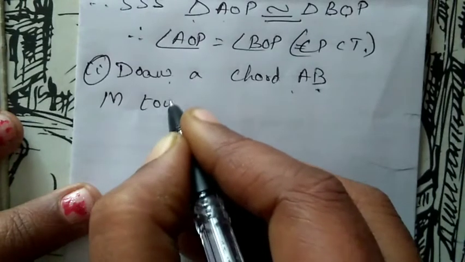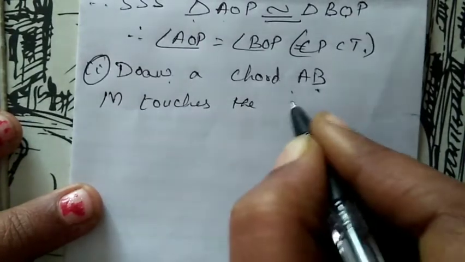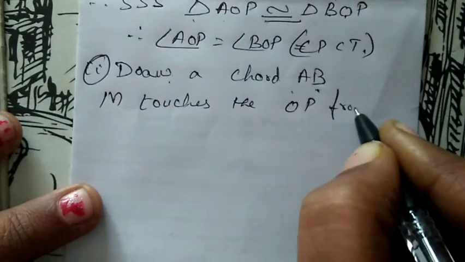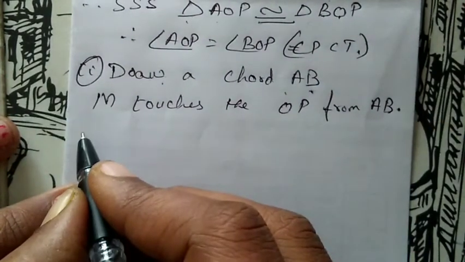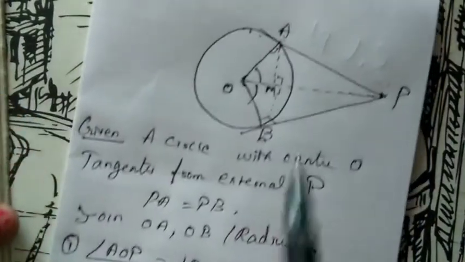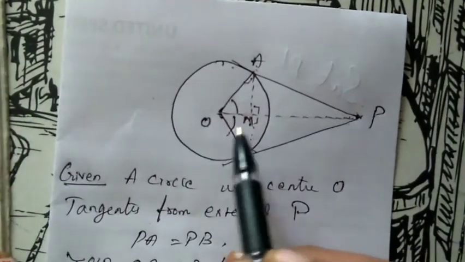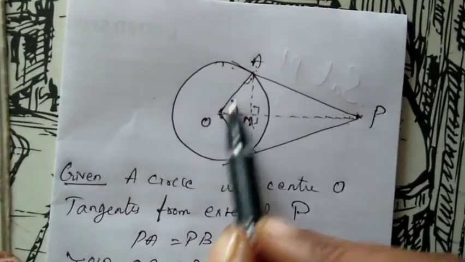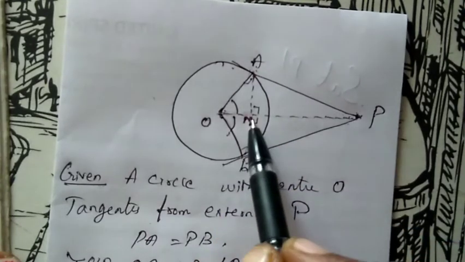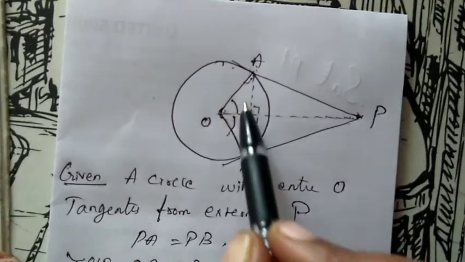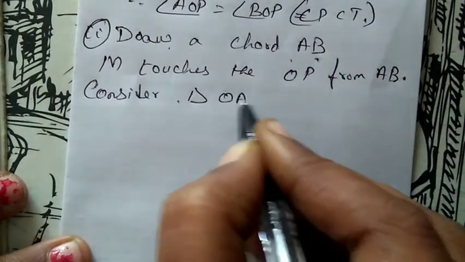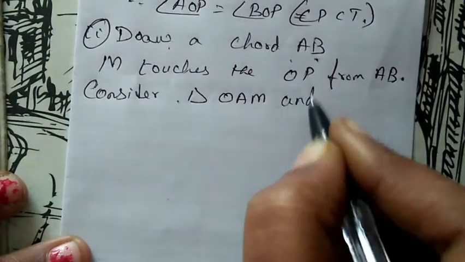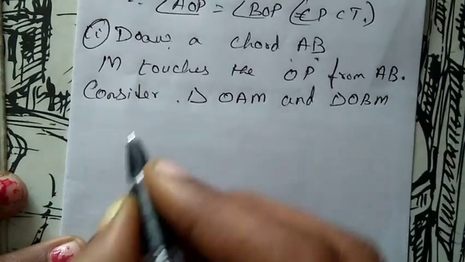M is where OP meets AB. So now we can see in this diagram we have a triangle OAM and triangle OBM. So we consider these two triangles, triangle OAM and triangle OBM.